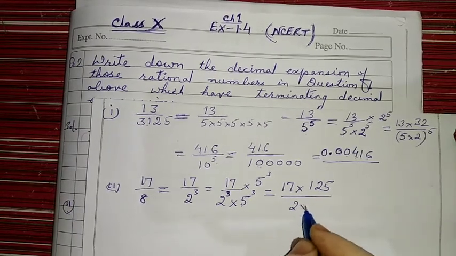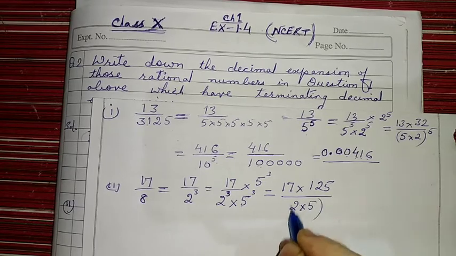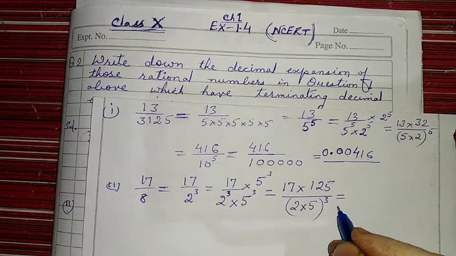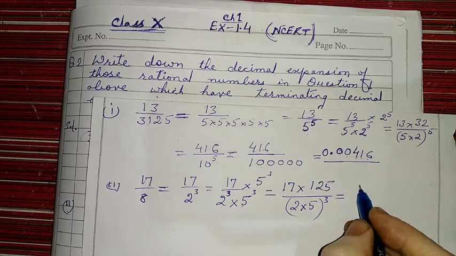Both the powers are the same, so you can multiply the bases by the indices rule: 2 into 5 to the power 3. If you multiply 17 into 125, you will get 2125.